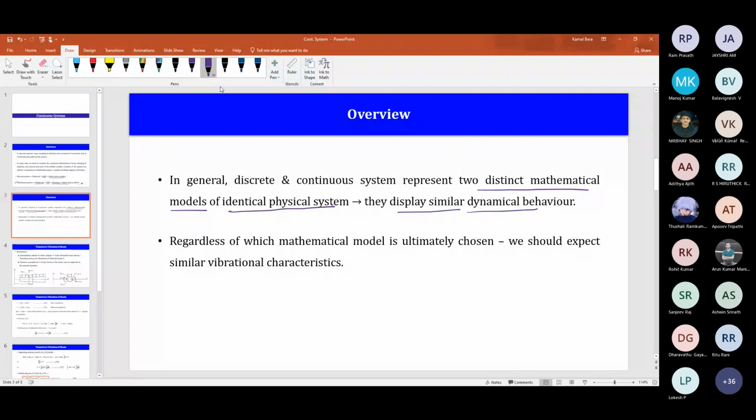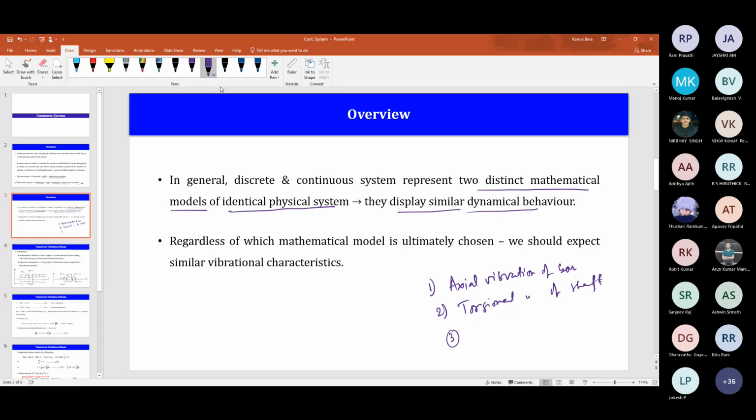Okay. So just one more thing I want to say. Basically, the vibration problems of a continuous system you will find in the books. Like, number one, axial vibration of a bar, vibration of a bar or rod undergoing axial vibration. Number two, you will find torsional vibration of a shaft.